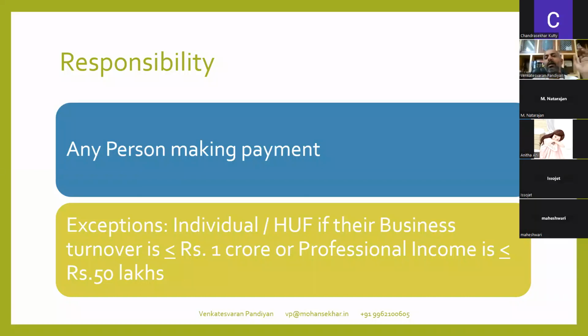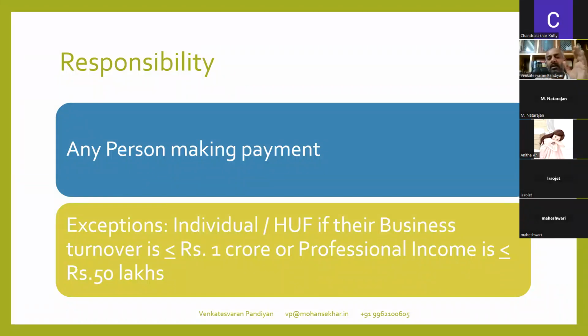tax. However, in most of the sections pertaining to TDS, the particular section itself gives an exception, and mostly it is an exception given to individuals or HUF who carry on business and whose turnover has not exceeded 1 crore, or in the case of professions whose turnover has not exceeded 50 lakhs.